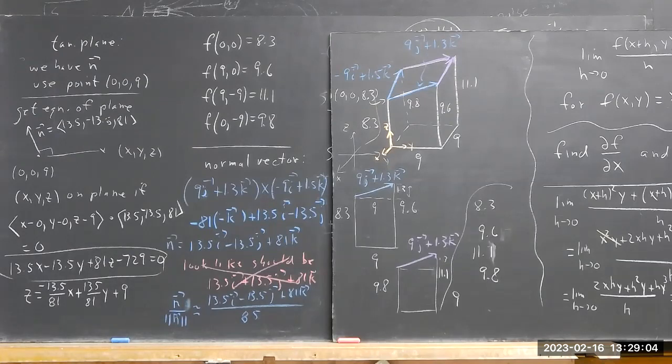Does that work? Yep. Okay. If x is 0 and y is 0, you get z equals 9. If x is 9 and z is 0, well, x is 9, so you're going to divide 13.5 by 9, and you're going to get 1.5.